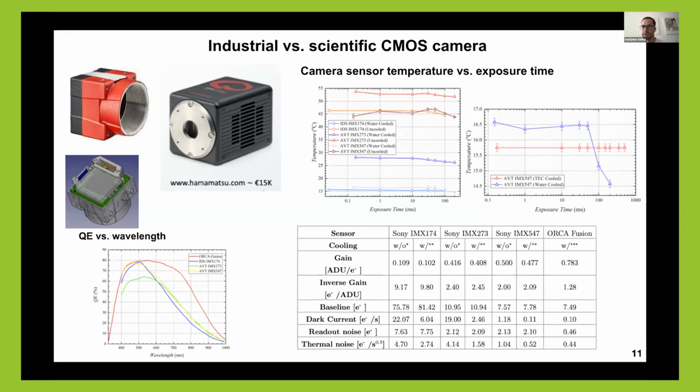With this, we can achieve the readout noise, which is in the table for the fourth generation camera, the Sony IMX 547, very similar to the commercial Orca Fusion readout noise, and the dark currents are also very similar. So this is something that we are working on in the lab at the moment, and we are developing this technology, and I think we would greatly benefit from working with industrial CMOS cameras also, because they have global shutters, and that avoids the distortion that we can possibly obtain in the experiments.